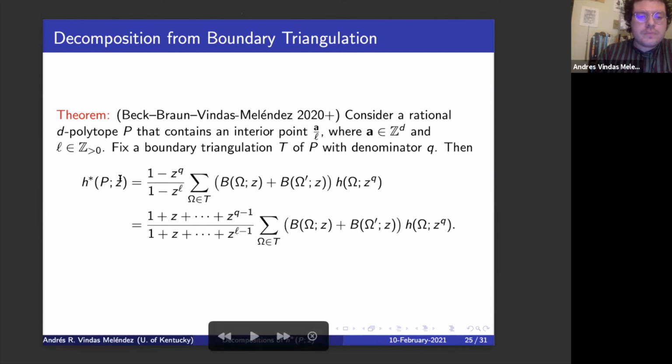Okay. And so, right now it's a sum of box polynomials coming from each simplex in the triangulation. And now I have to worry about the stuff that's coming from unioning that specified point, okay?